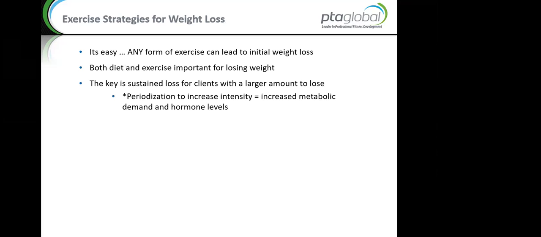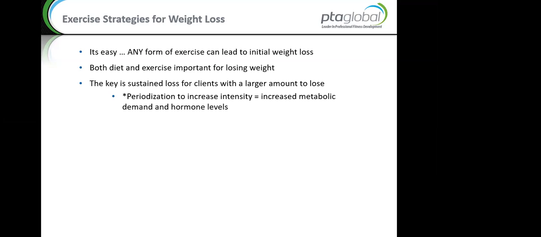And so the exercise strategies that we're going to use for weight loss are actually pretty easy. Any form of exercise can lead to initial weight loss as long as we are also considering nutrition, right? If I start exercising and I'm now burning more calories every day, but I'm also hungry and eating more, I'm not going to lose weight.